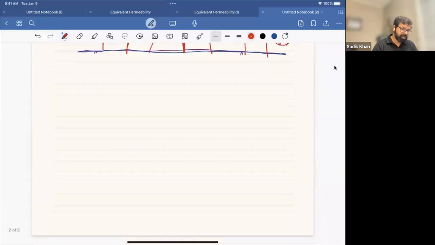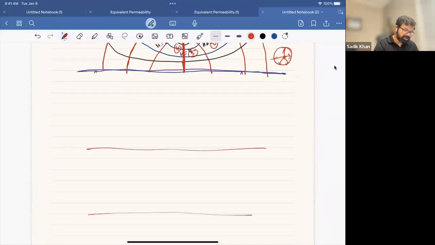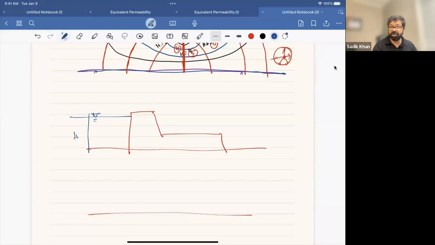So let's say instead of the sheet pile, now let's say this is our soil, and now we have a big dam here. Within the dam, we have a water table. It's a similar thing, H, you know.